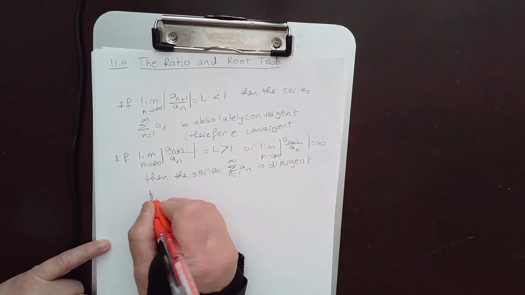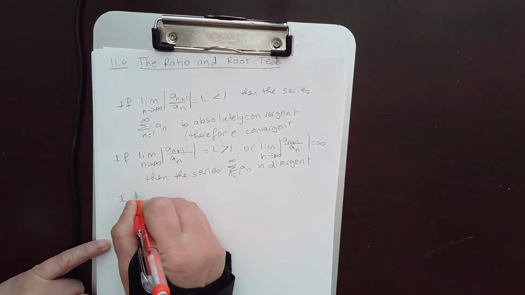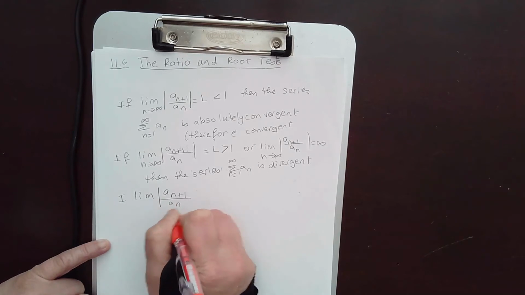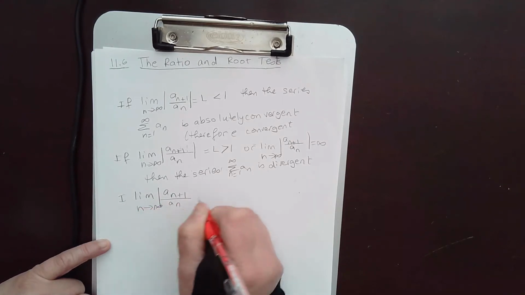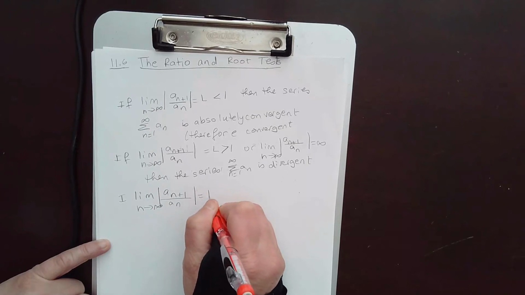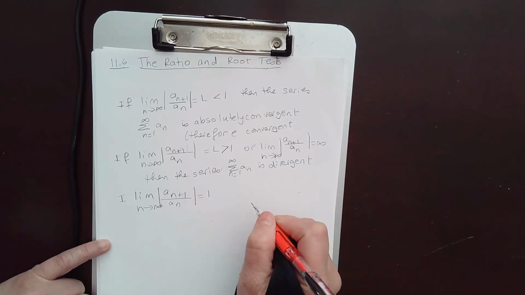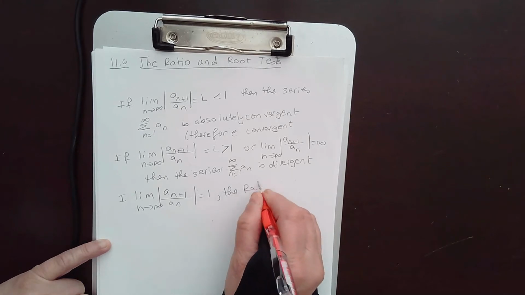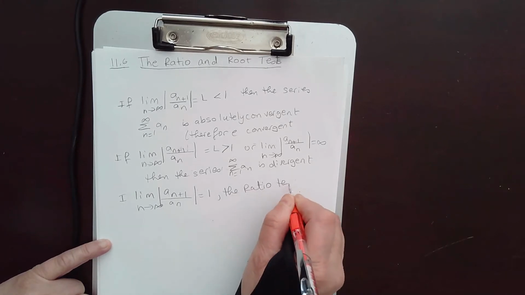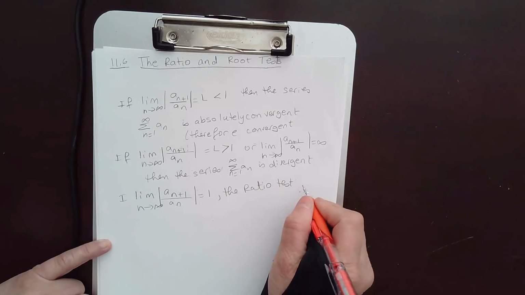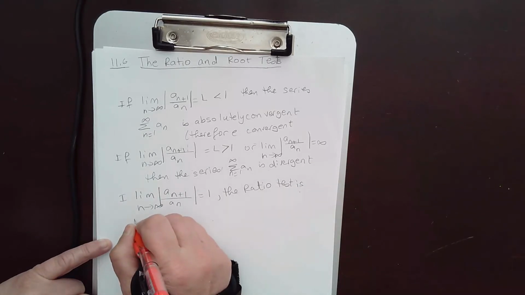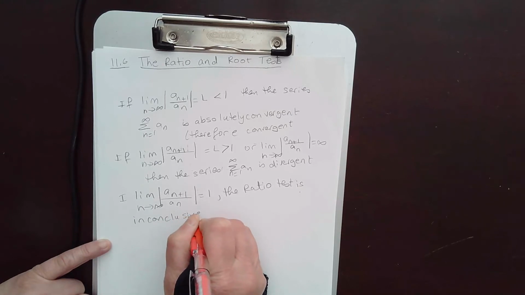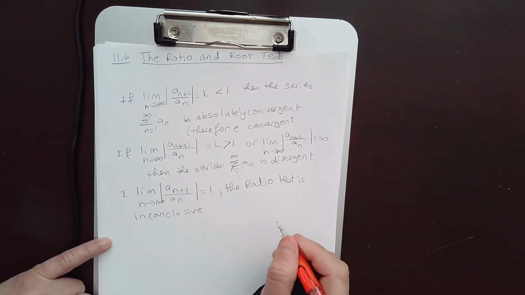Now, if it's equal to 1, the ratio test is inconclusive. So that is, we have no conclusion.